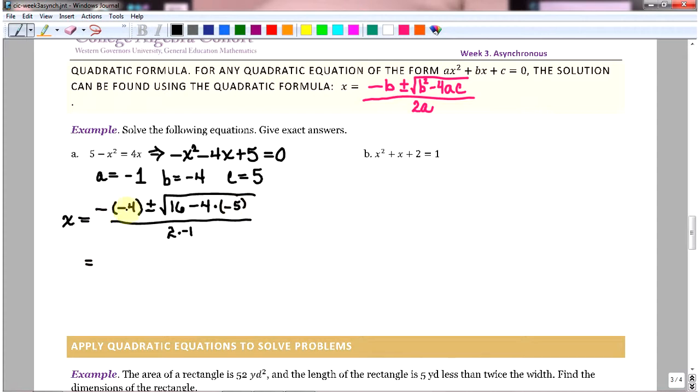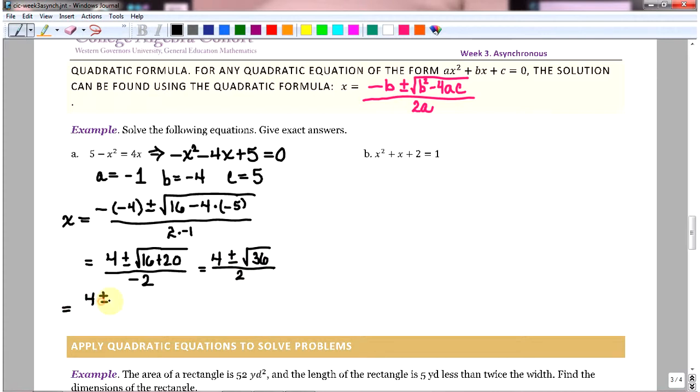So now the opposite of negative 4 is positive 4 plus or minus the square root, and then we have 16. Negative 4 times negative 5 is plus 20, divided by 2 times negative 1 is negative 2. So we have 4 plus or minus the square root of 36 all over 2. Okay, the square root of 36 is equal to 6.